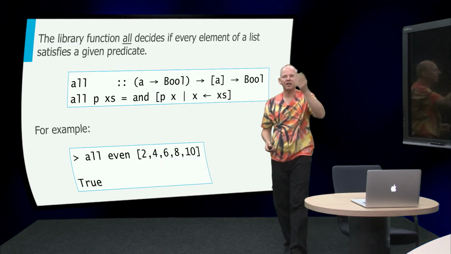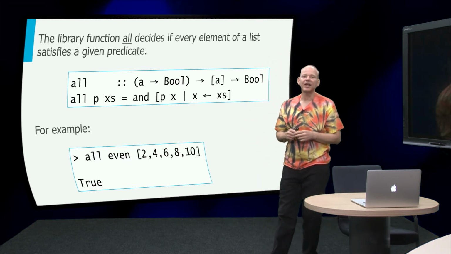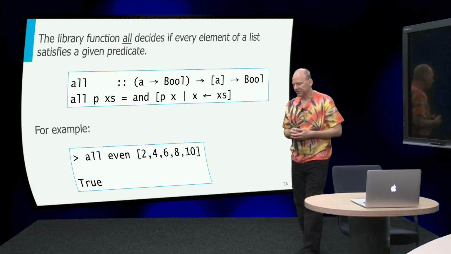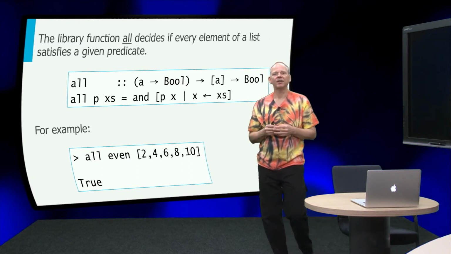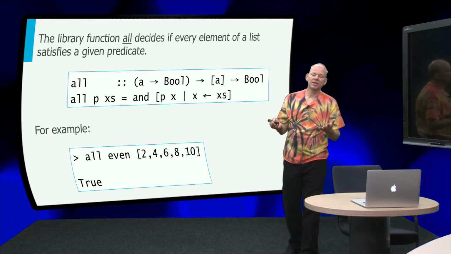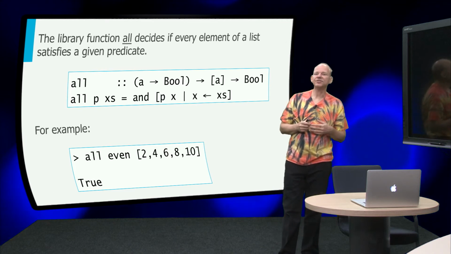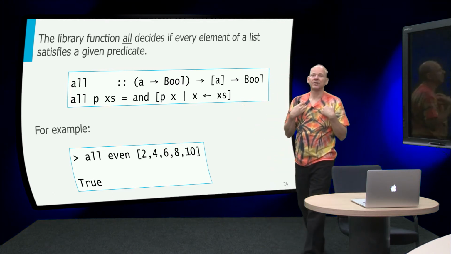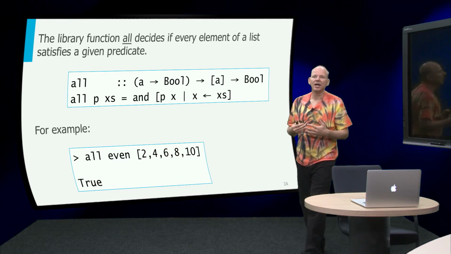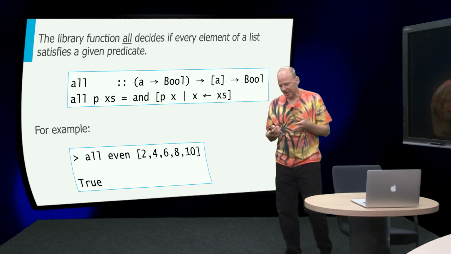Okay, here are a couple of other higher order functions that are in the standard library. Most of them are defined using fold_r or using comprehensions. These are all interchangeable. I prefer using fold_r. Some people prefer list comprehensions.